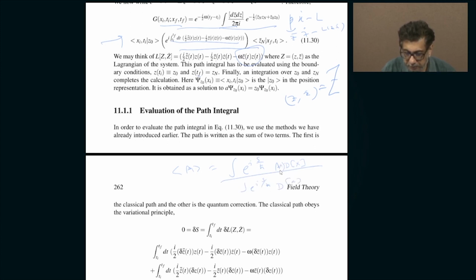This presumably depends on the path, it can depend on x dot, but the bottom line is you are integrating over all paths, all x's.